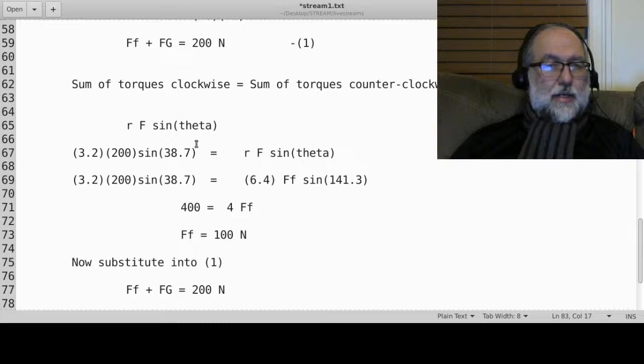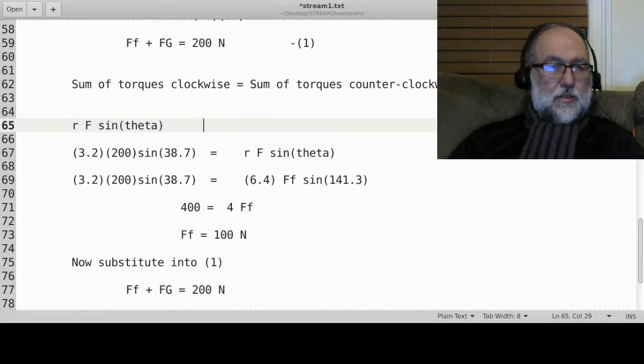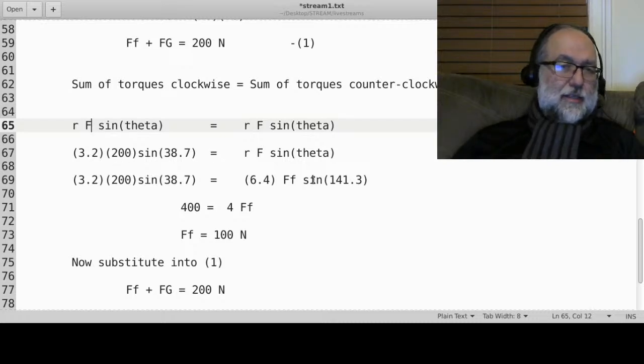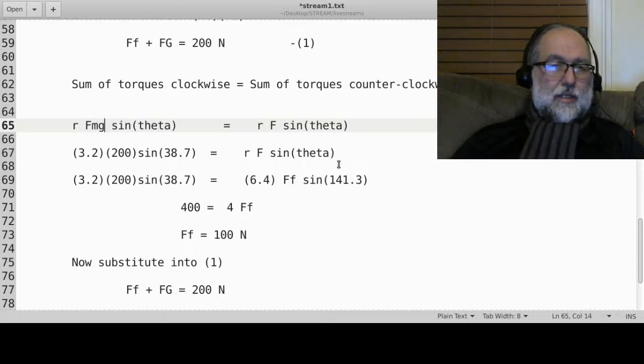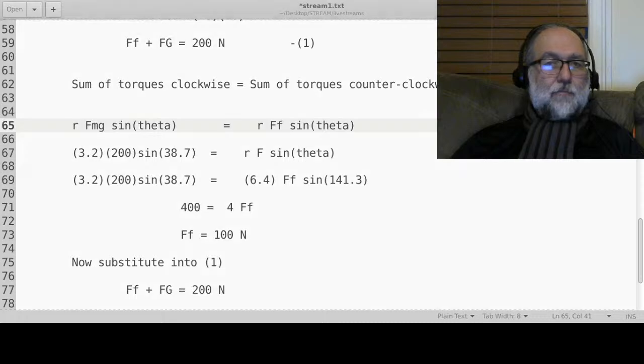So I had r sine theta on the one side equal to r sine theta on the other side. This one was the r sine theta due to mg, and this one's the r sine theta due to, not g, force of friction, like that.